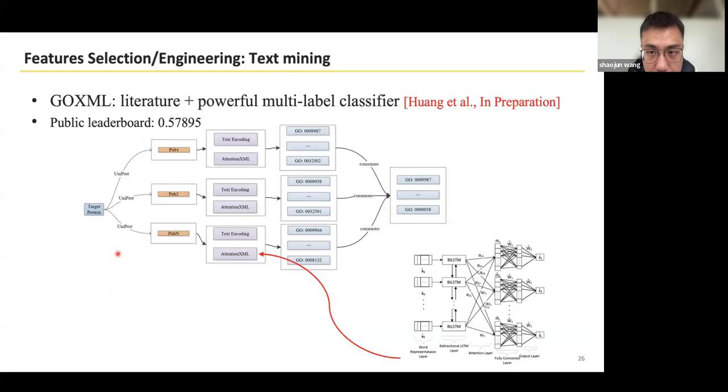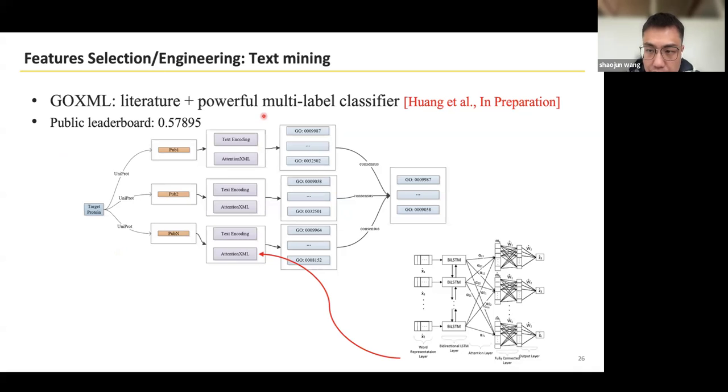Next, we will describe each of the literature mining-based methods in detail. The first one is GeoXML, similar to the DeepText2GO method, which applies literature to protein function prediction. GeoXML tries to find the protein function-related information from its scientific literature.